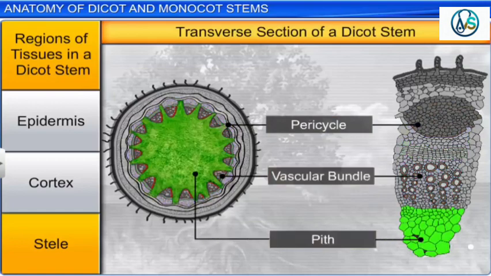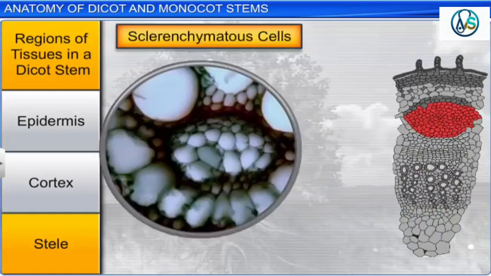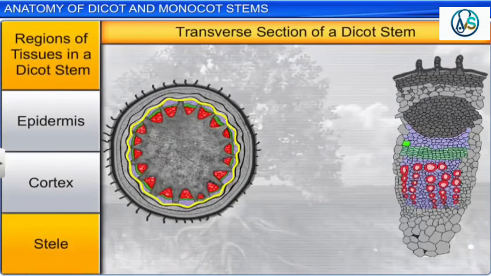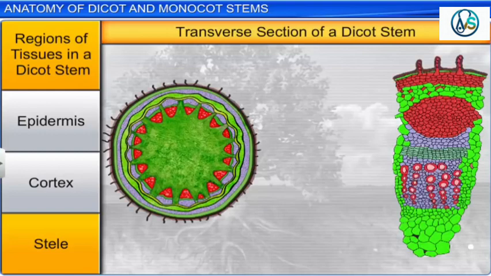The pericycle is composed of sclerenchymatous cells, and it lies on the inner side of the endodermis above the phloem cells. These cells act as a strengthening material. The vascular bundles are located in a ring on the inside of the pericycle. This ring arrangement is a distinctive feature of the dicot stem. There are layers of radially arranged parenchymatous cells in between the vascular bundles, which constitute the medullary ray.